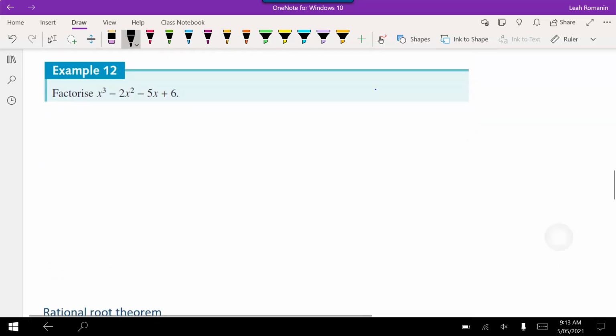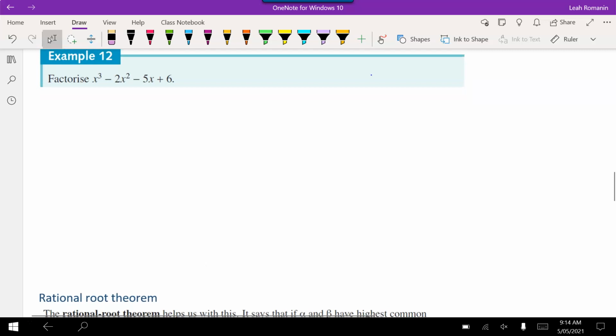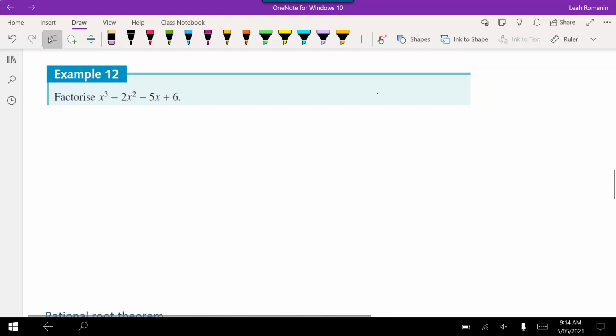Okay, so we need to factorize this now. So we need to find a factor that's going to give us 0. Now, we're going to do the rational root theorem in a second, but if you forget it, that's okay. You can just find a couple of numbers that will get you there.